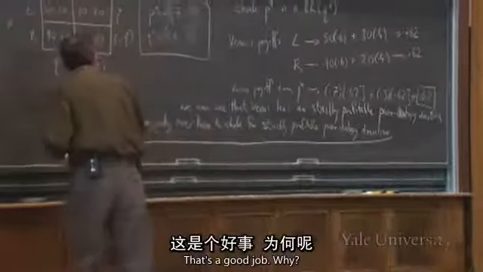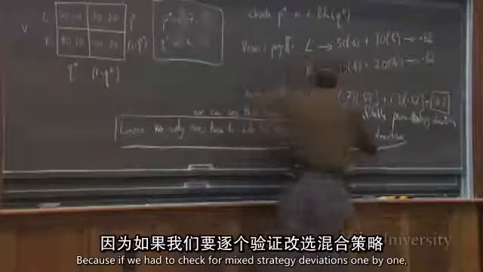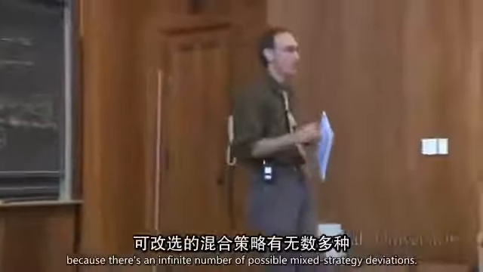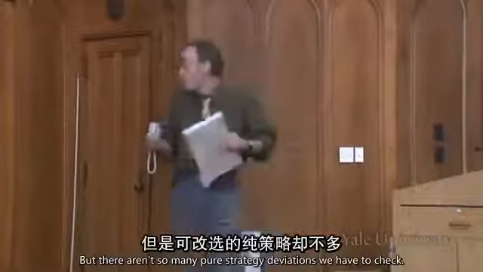Why? Because if we had to check for mixed strategy deviations one by one, we'd be here all night, because there's an infinite number of possible mixed strategy deviations. But there aren't so many pure strategy deviations we have to check.